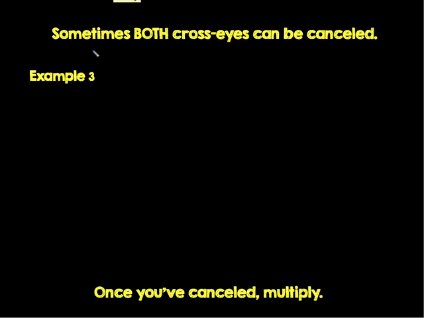Example number 3, sometimes both the cross eyes can be canceled. So let's look at that problem. We've got 4/5 times 5/8.